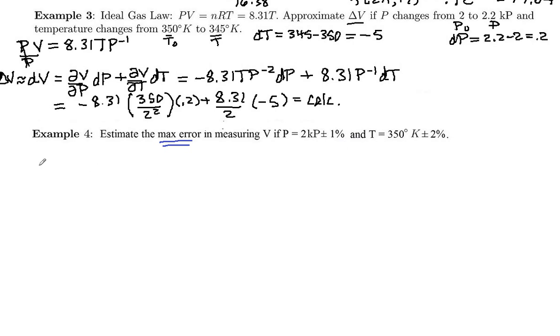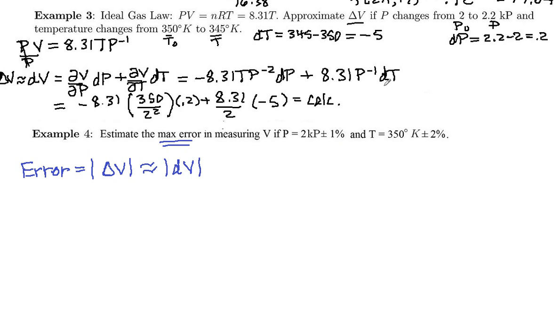So our error here is actually the absolute value of the change in volume. So it could be positive or negative. We're just going to look at absolute error. And this can be approximated by the absolute value of dV. Well, we know what dV is.